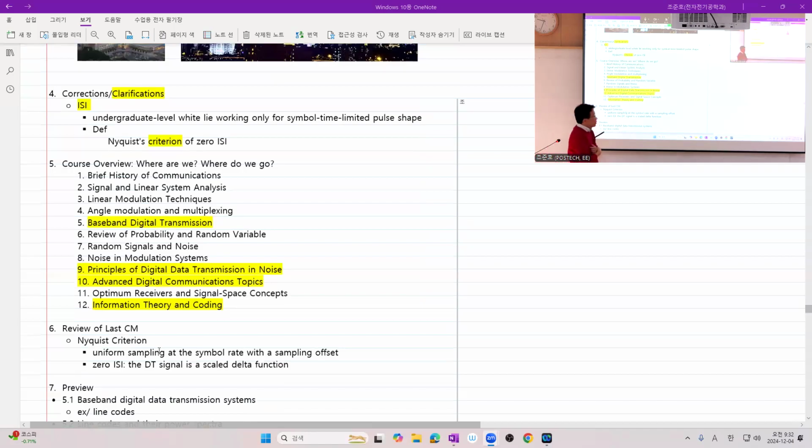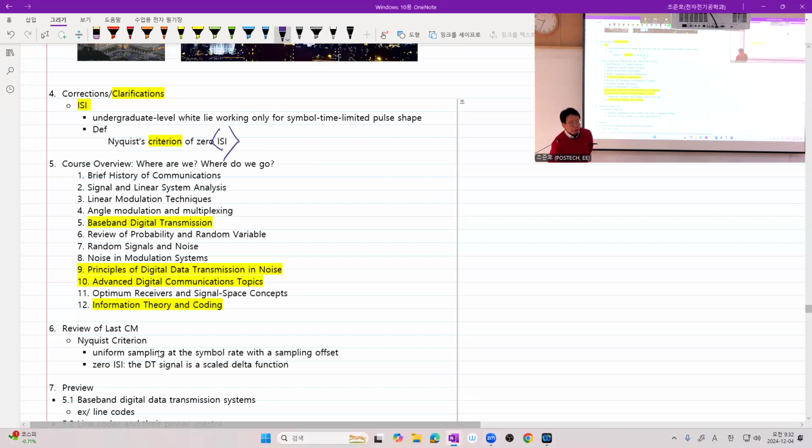Corrections and clarifications. It seems there still remains some uncertainty and ambiguity about what intersymbol interference means. Precisely speaking, whether there is ISI or not in your received signal or in your processed signal. What I told you is that whether there is ISI or not differs by different definitions.